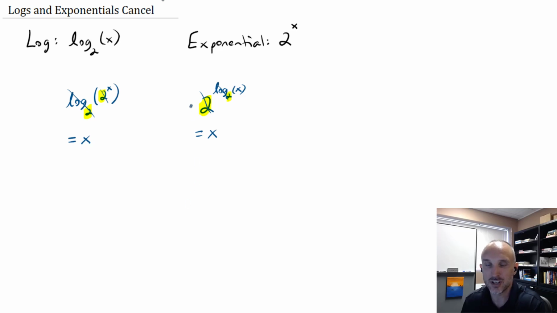So again, it's kind of strange to write, but a number to a log with the same base will cancel, and a log of a number to a power will cancel if they're in the same base. Let's do just a couple examples, and that'll be it for this short video.